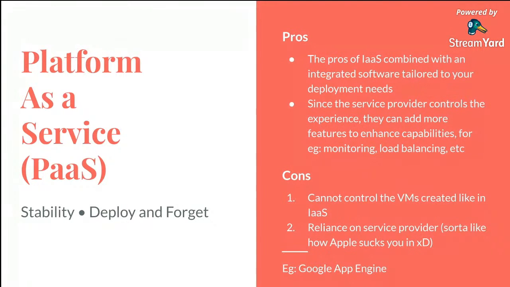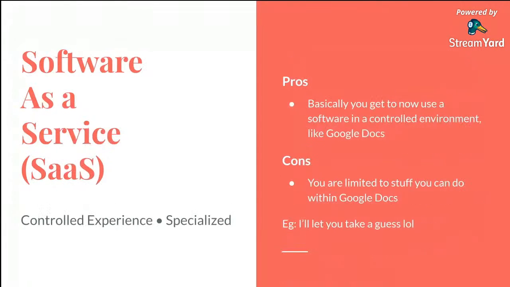And with all this monitoring and other features they're providing, you're completely reliant on a service like Google App Engine or Beanstalk if you talk about Amazon. It's kind of how you get sucked into the Apple ecosystem. It's difficult to move to Android. Same thing.